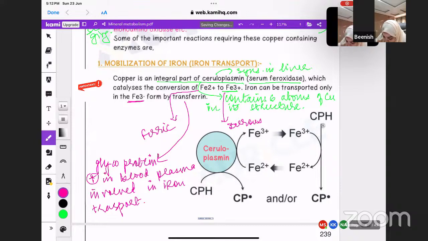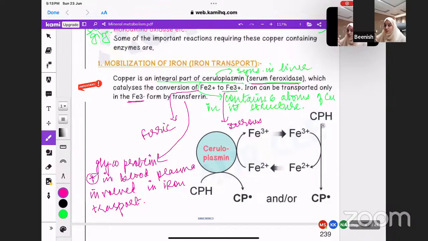So copper is an important part of ceruloplasmin, and ceruloplasmin has 6 atoms of copper in its structure. You see how important copper is for ceruloplasmin. If there's copper deficiency, what will happen? There will be deficiency of ceruloplasmin. And if ceruloplasmin is deficient, its activity as serum ferroxidase will not happen.